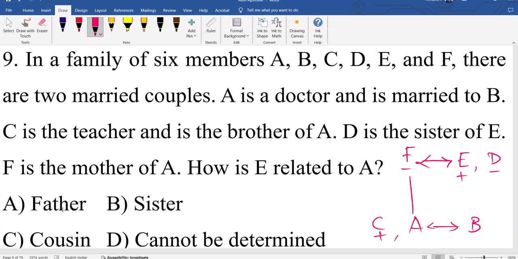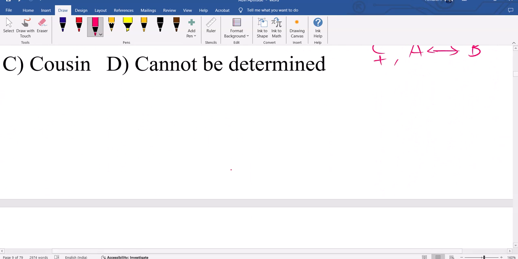There is the argument like, sir, F is mother of A, okay. Why can't E and D be married, or C and E be married? D is sister of E. See, this is one possibility. The other possibility, I can make two couples here. We know only one thing for guarantee. C is brother of A. A is married to B. F is up to here.